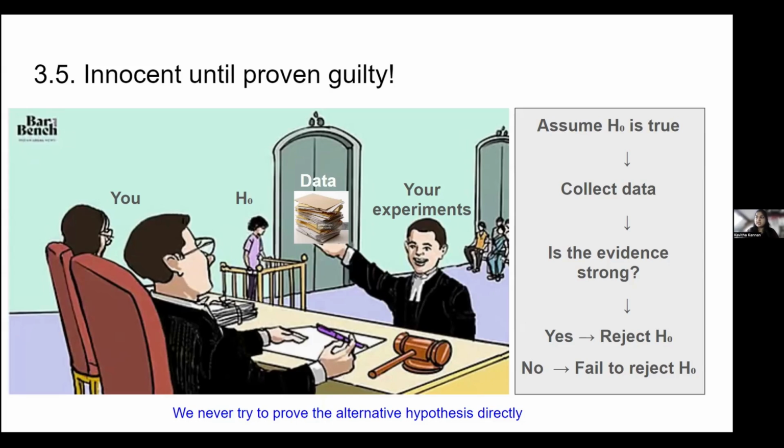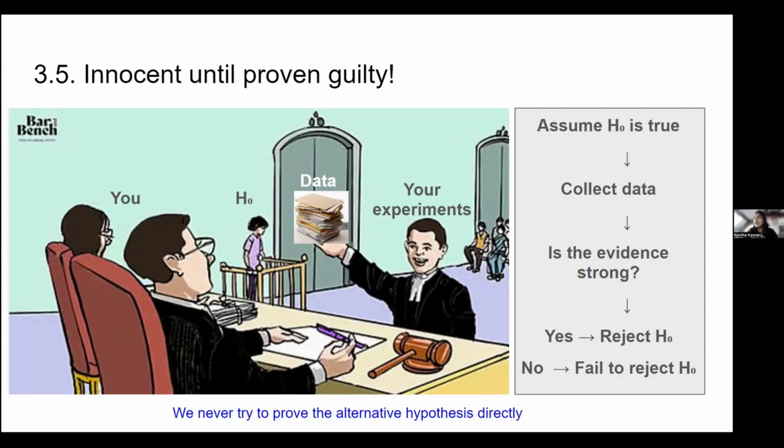Similarly, it's your experiments and the data that is generated from the experiments which provide the evidence to either push your hypothesis for or against. And you are the one who is making this judgment, so it's extremely important that you always make the right judgment.